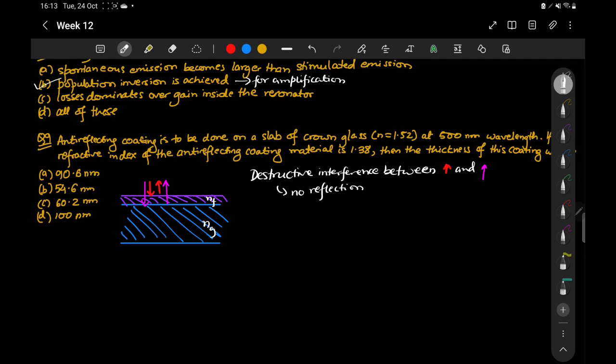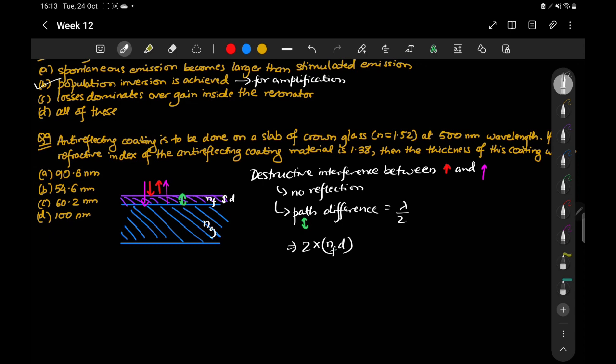So only transmission. And for destructive interference, we need to have path difference of lambda by 2, half a wavelength. Now path difference is this extra path traveled in the film, and let us call the thickness of the film to be d. So path difference is this green path, and that is twice of Nf times d.